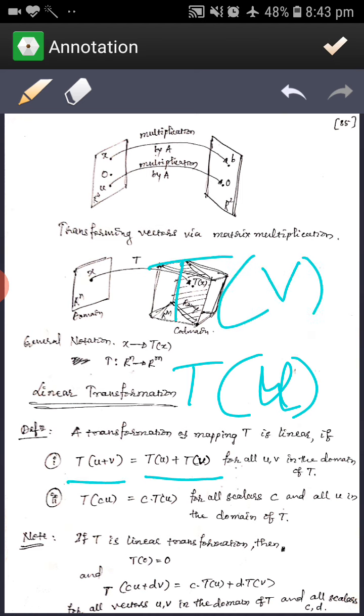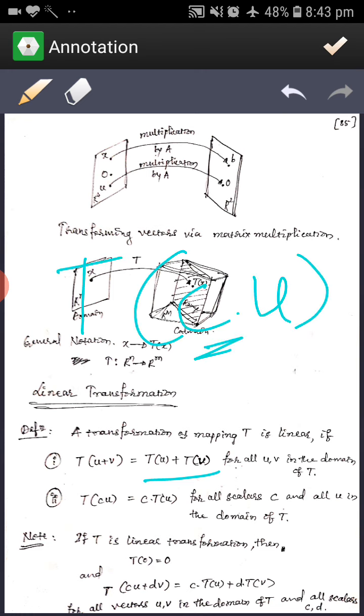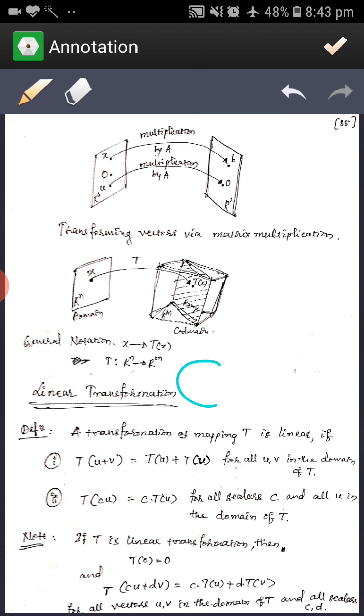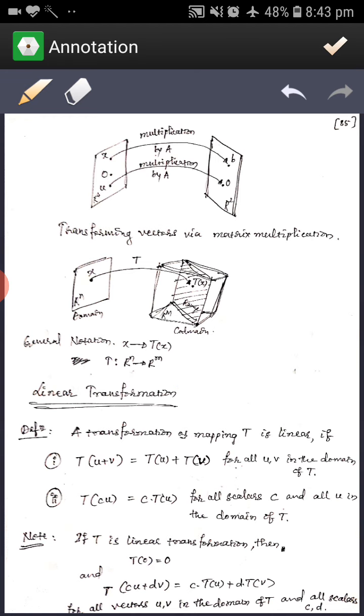Similarly, the transformation of c times u, where c is a scalar, is equal to c times the transformation of u. If this is the case, then we call the transformation linear. So we'll take some examples.